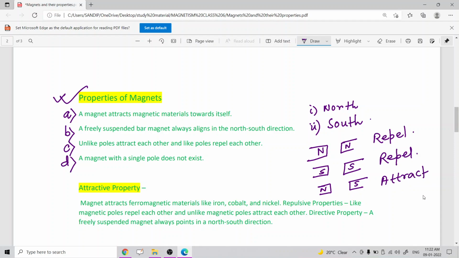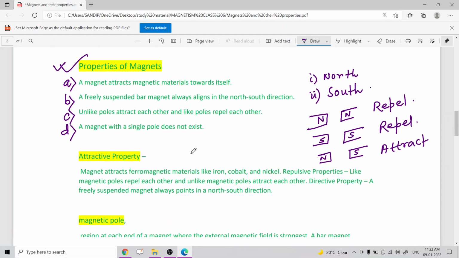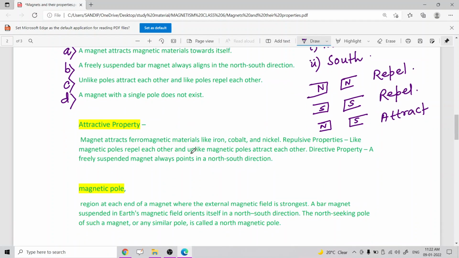Also, you have to remember that the magnitude of the attractive or repulsive force depends on the strength of the magnetic poles, and also depends on the magnets.